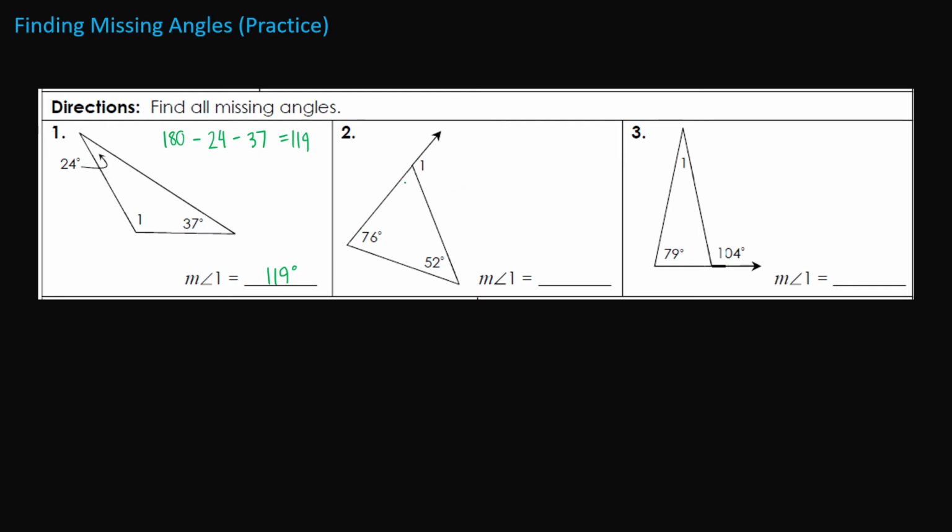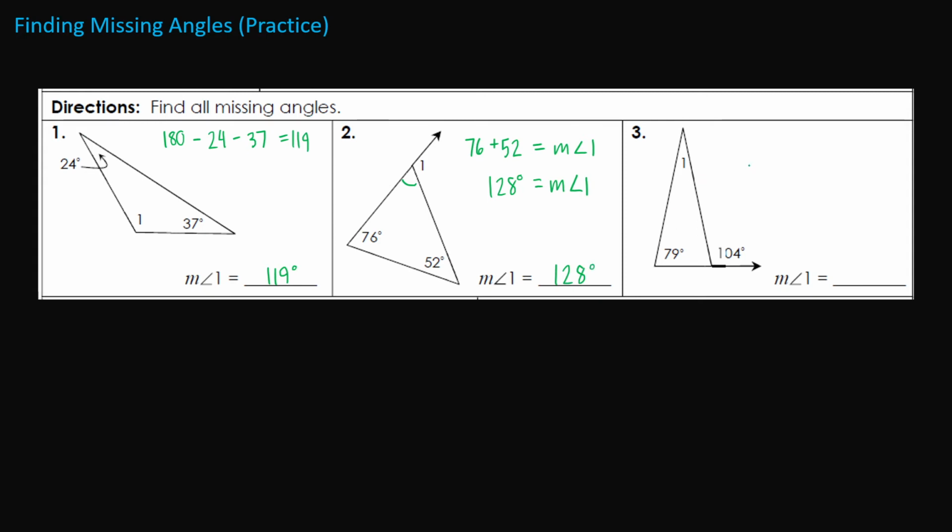We could find the measure of this third interior angle by subtracting from 180, or we could just use the exterior angle theorem, which says that 76 plus 52, the sum of the measures of these inside angles, is equal to the exterior angle. So let's just do that. 76 plus 52 is 128. So the measure of angle 1 is 128 degrees.